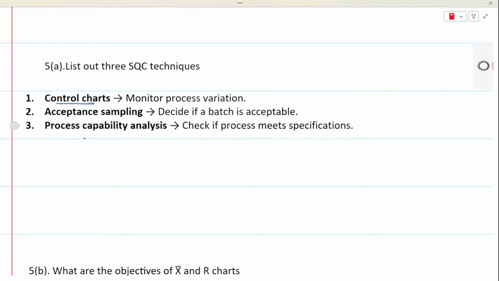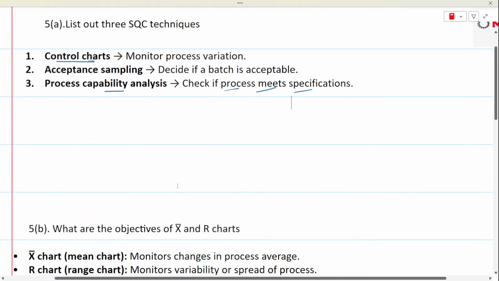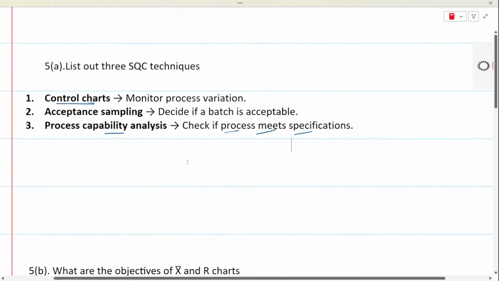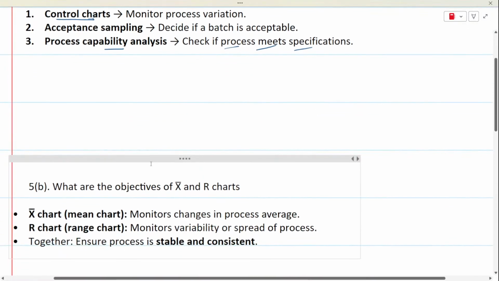Next is process capability analysis. It is to check whether the process is able to meet the specifications. So these are the three statistical quality control techniques.